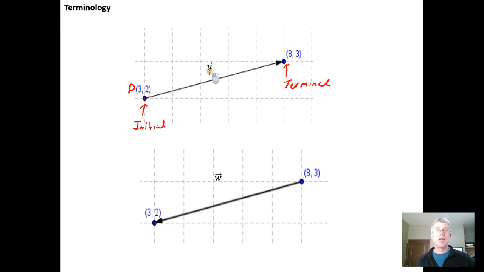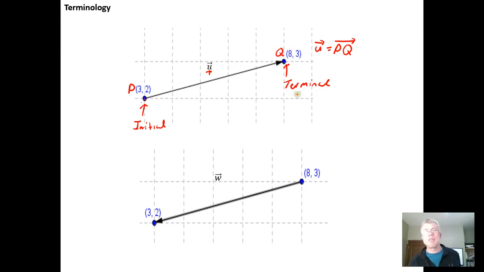Vectors get lowercase letter names, so this would be P, and this point we'll call it the point Q. If we're going from P to Q, initial to terminal, we would put the P first and the Q second, and then we would put the vector arrow over PQ. So the vector u right here could also be denoted as the vector from P to Q, the vector PQ.